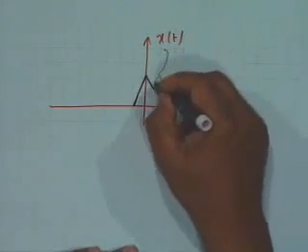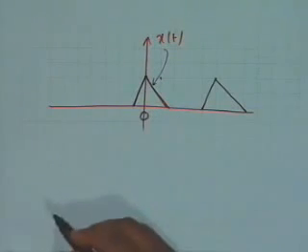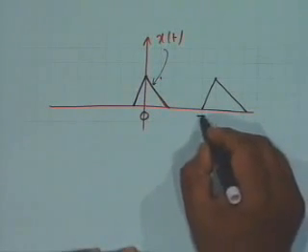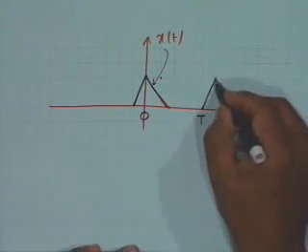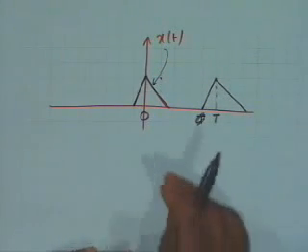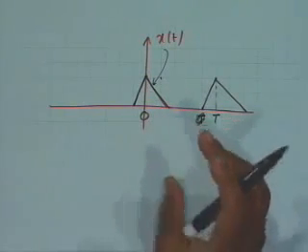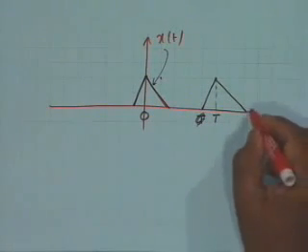If I call this x of t, and if this is 0 and this point is capital T, then all that it means is that the time scale has been shifted.